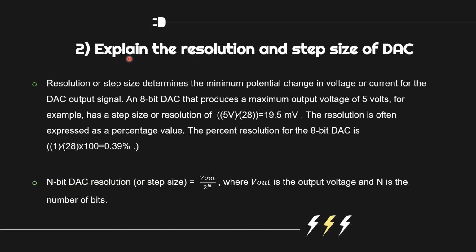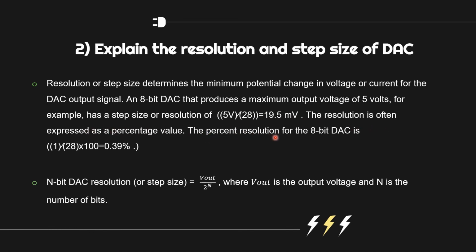Question 2. Explain the resolution and step size of DAC. Resolution or step size determines the minimum potential change in voltage or current for the DAC output signal. An 8-bit DAC that produces a maximum output voltage of 5 volts, for example, has a step size or resolution of 19.5 millivolts. The resolution is often expressed as a percentage value.